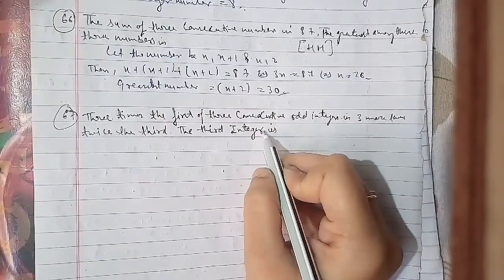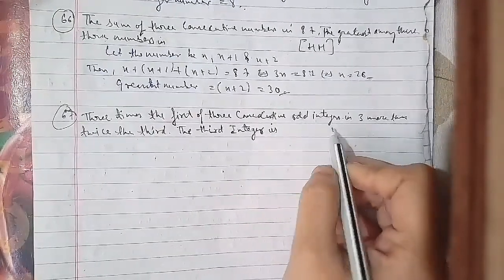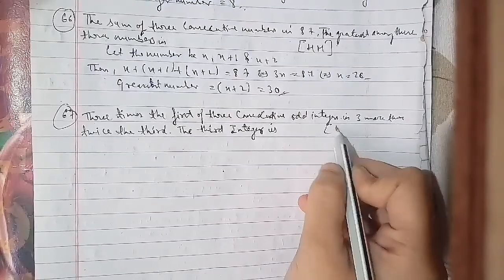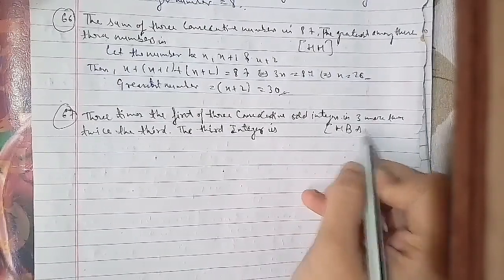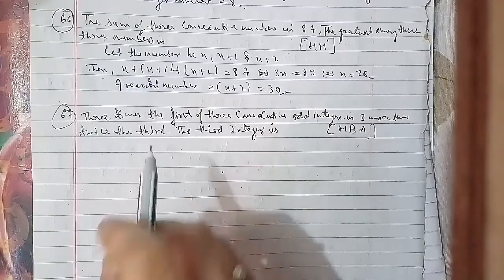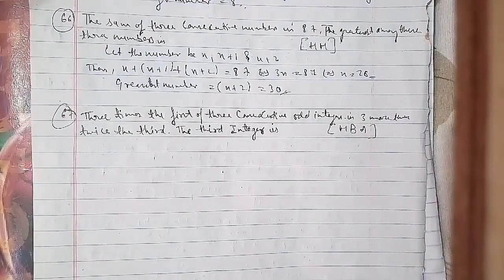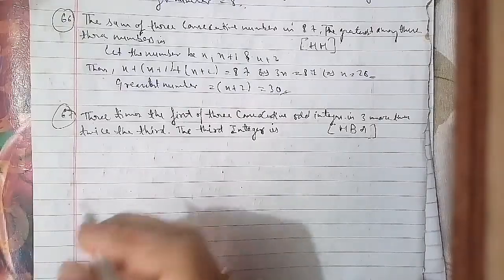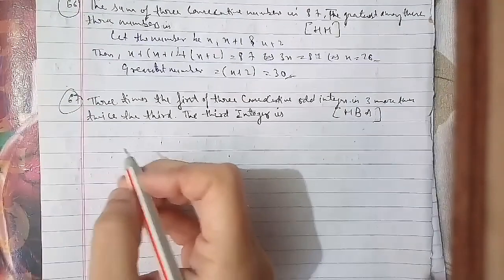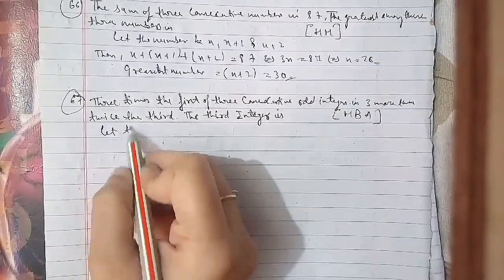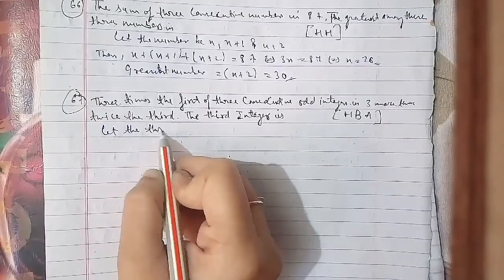Let the three integers be x, x plus 2, x plus 4. Then 3x equals 2 times (x plus 4) plus 3.